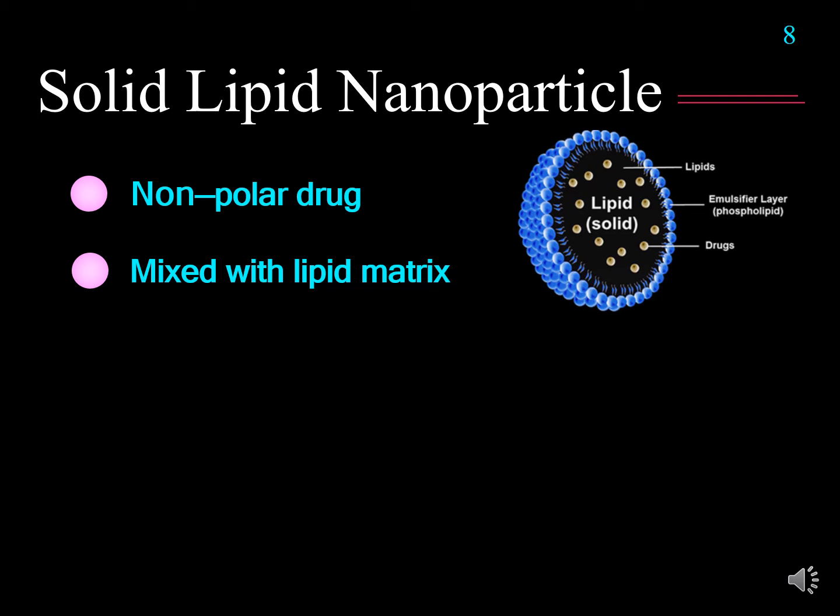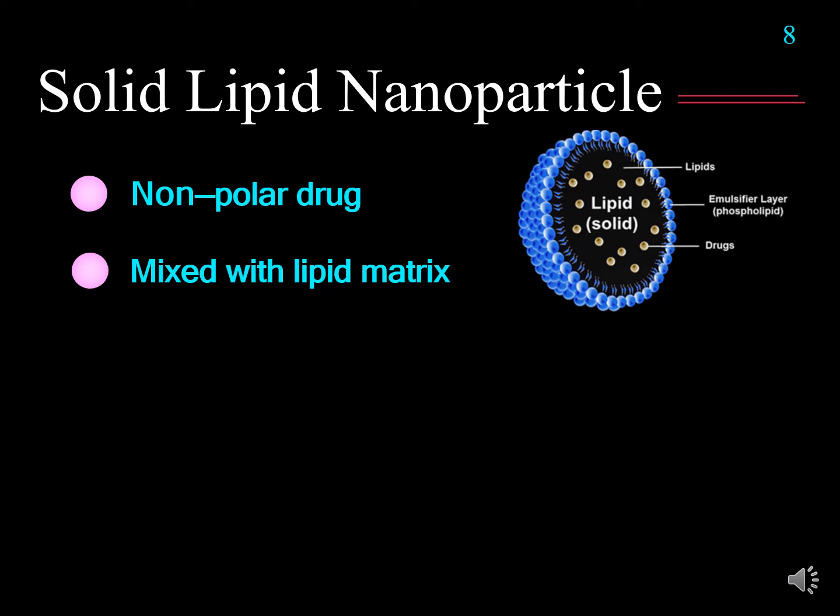But now, if you want to transport a huge amount of nonpolar drug, we need a very large area of nonpolar environment. So the solid lipid nanoparticle is the answer. First of all, we mix the drugs with natural lipids like triglyceride, fatty acids, and also cholesterol. We mix all of them together, and then we can trap them with an emulsifier or phospholipid.